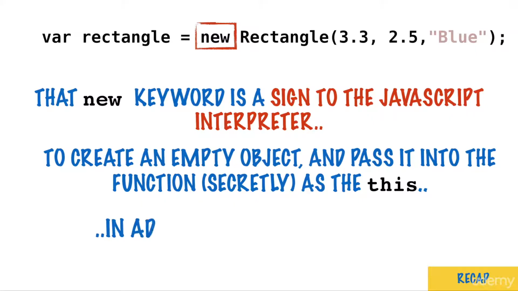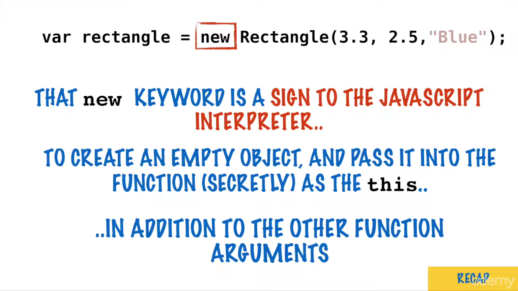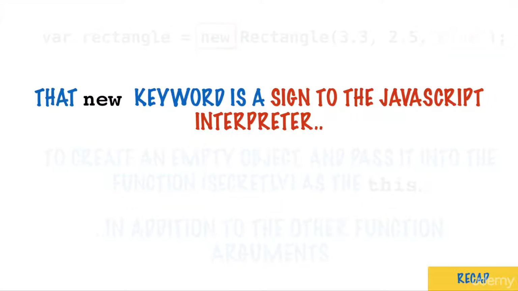We've spoken about this being a magical object available within an object constructor. That's the object it's constructing. The interpreter passes in the this object secretly into the object constructor. And this is in addition to any other arguments that the constructor might take in. And in our rectangle example, the other arguments are length and breadth.